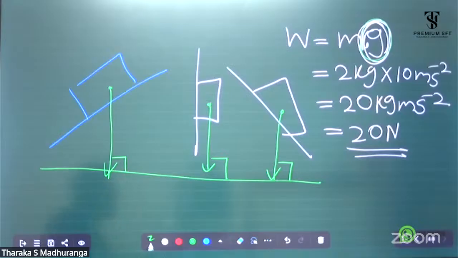Gravitational acceleration. How can we define this gravitational acceleration? It's an acceleration. What's the definition? Anyone?